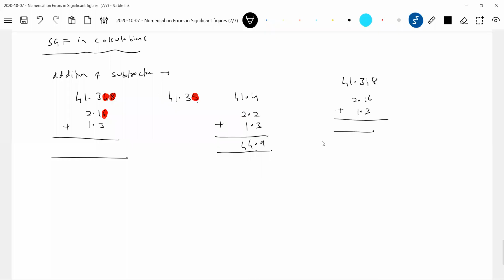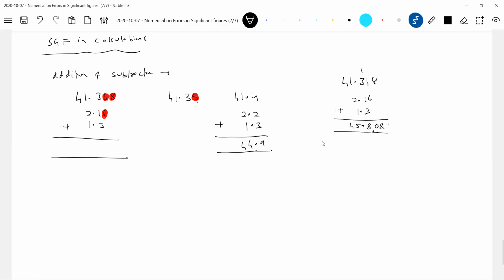We should not do it like this. Adding 41.348 plus 2.16 plus 1.3 gives 44.808, and then the least decimal places I should retain.